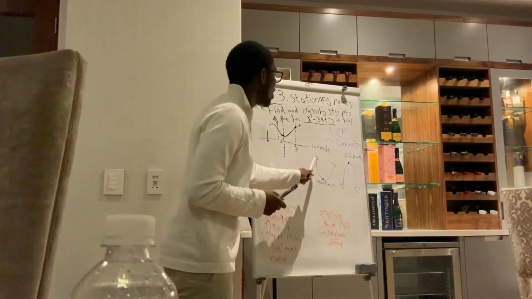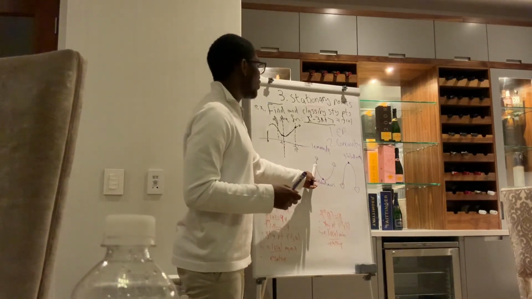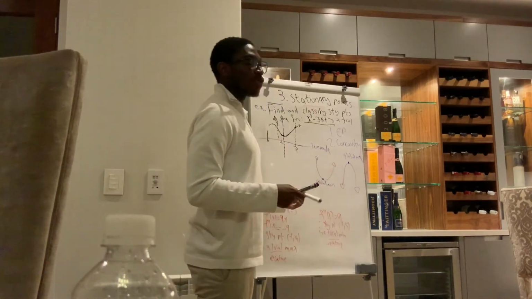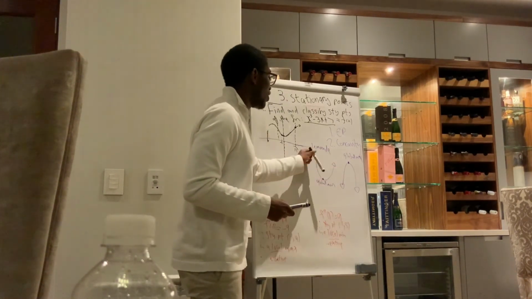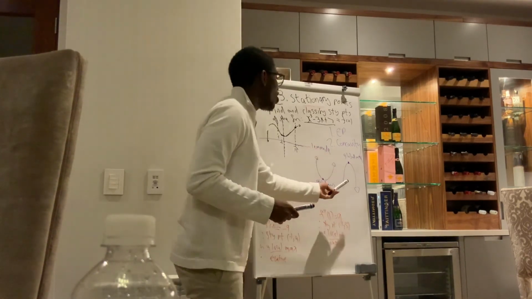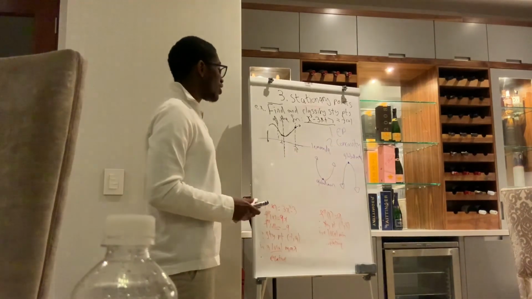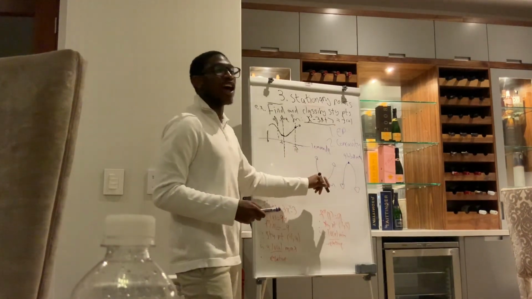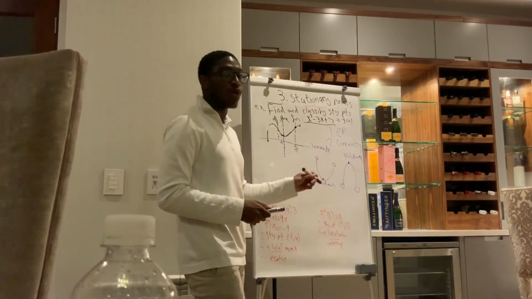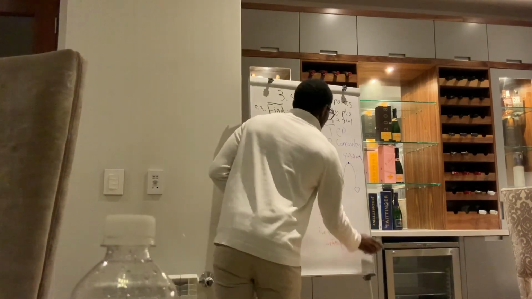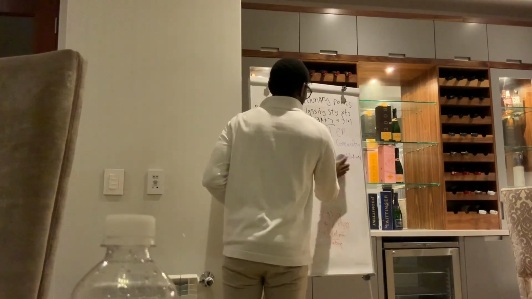So this function is always convex, and this function is always concave, which means there's no way on the function that you can go lower than this value, and there's no way on the function where you can go higher than this value. So for a quadratic function, the stationary point is necessarily a global minima or a global maxima. So those are the two cases where you have a stationary point.